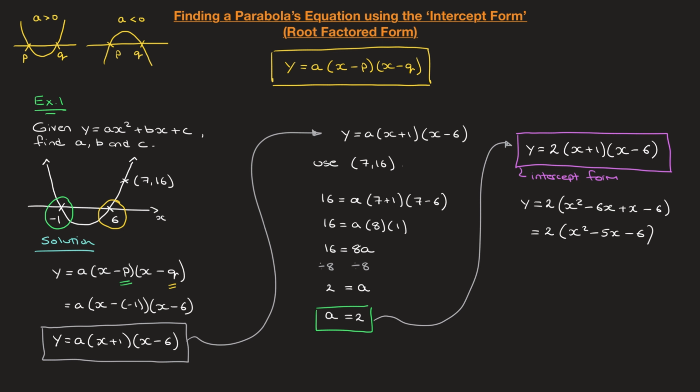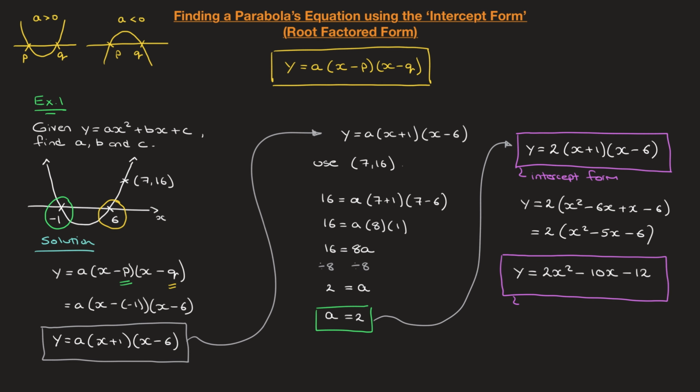And finally, to reach this parabola's equation in standard form, all we have to do is distribute the 2 across this pair of parentheses, which leads to y equals 2x squared minus 2 times 5x, so that's minus 10x, minus 2 times 6, which is 12. And we're done. We've now found this parabola's equation in standard form.